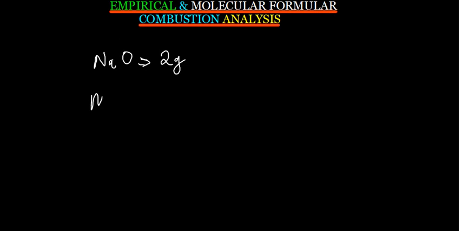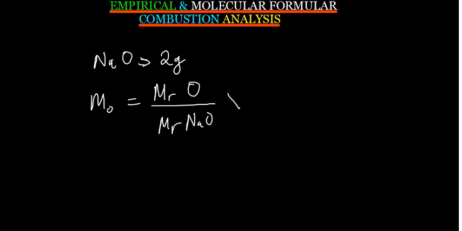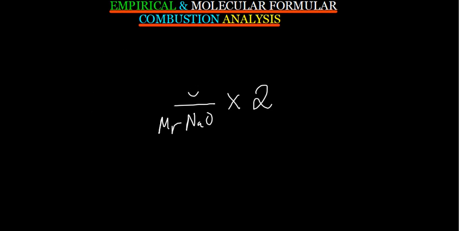So the mass of oxygen is going to be the molar mass of oxygen divided by the molar mass of the whole compound, sodium oxide. And then you multiply by the mass of the whole compound, sodium oxide. This is what we've done. Are you okay? Yes, I'm okay.